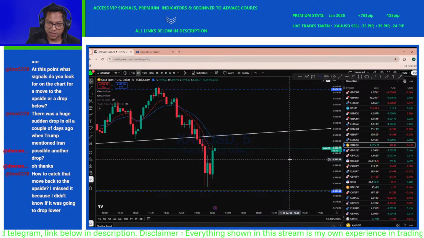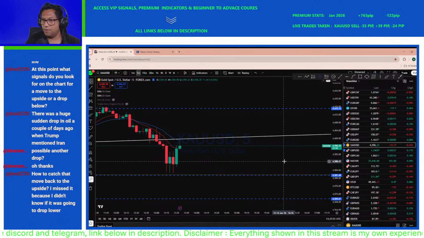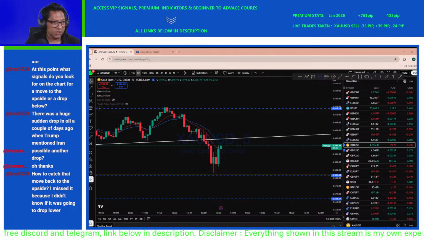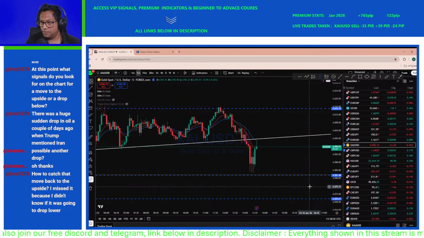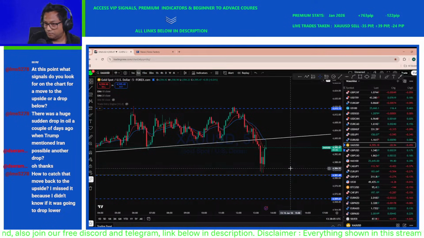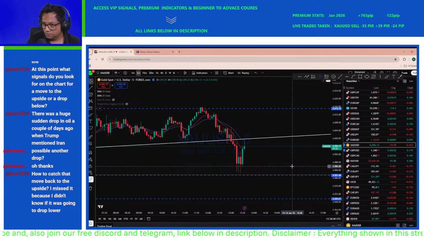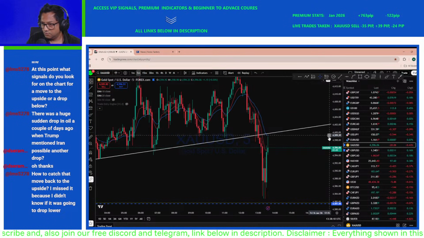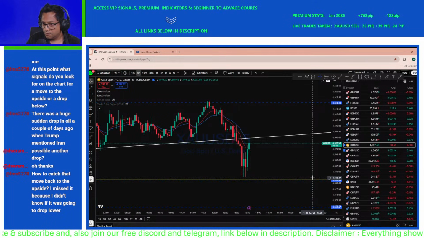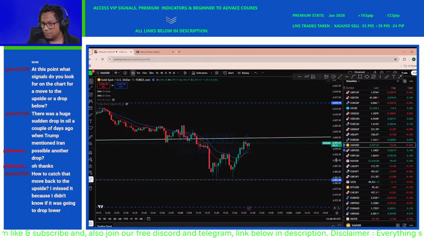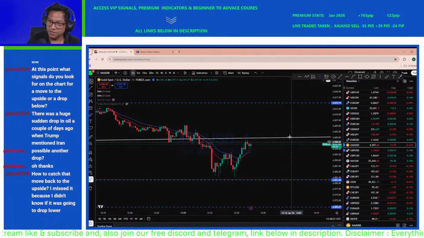How to catch that move back to the upside? I missed it because I didn't know if it was going to drop lower. Okay, so now with this, if you look at it, it started a potentially an uptrend here.